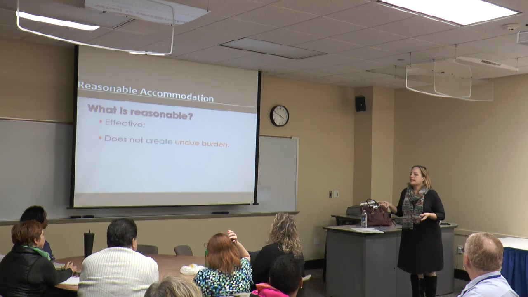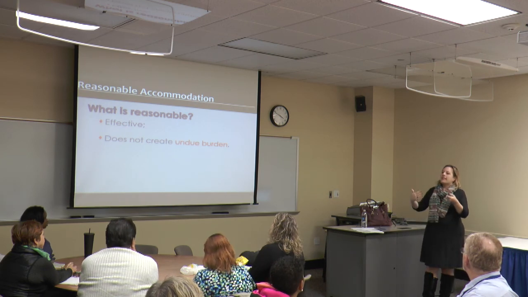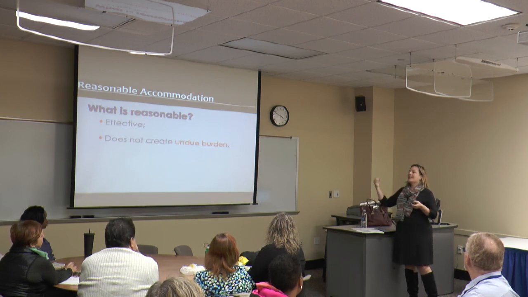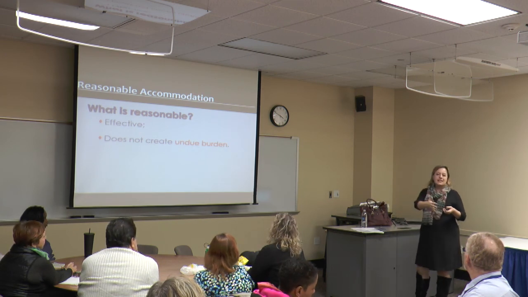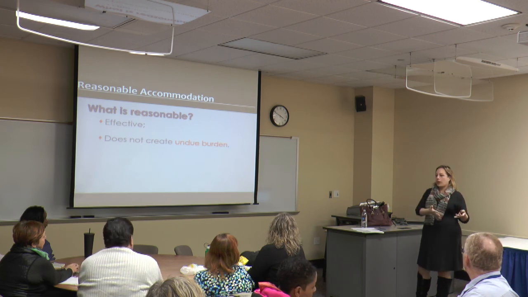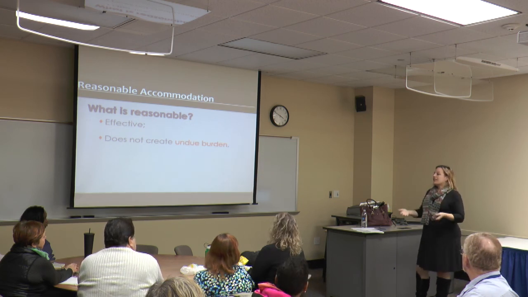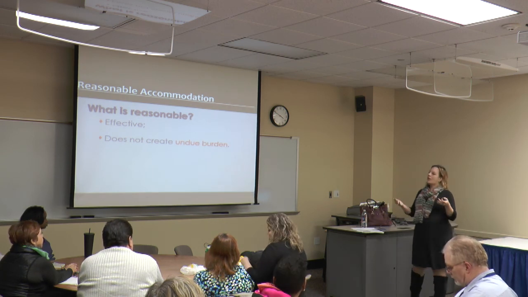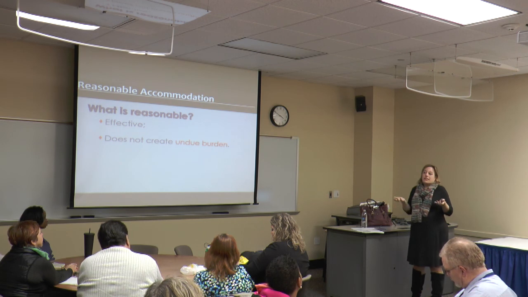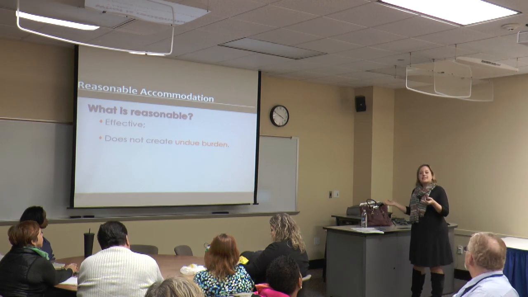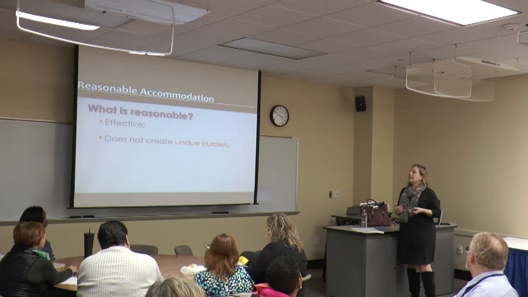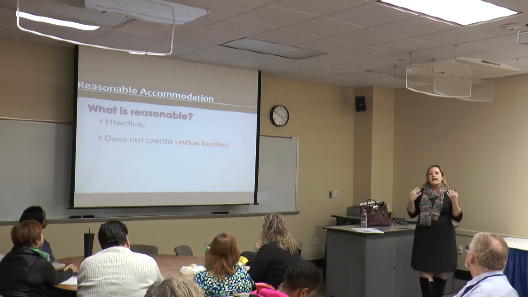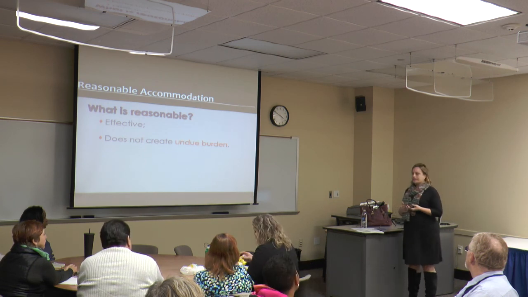What I mean by effective is, if you do it, then it ought to allow the student the ability to participate, get the benefit of all those things at the beginning that we talked about of your program. And if even after giving them that accommodation, they are not able to participate or get the benefit of it, that accommodation would be considered not reasonable. Because the idea is that they would be able to participate fully in our programs, courses, whatever the case may be, if we gave them the accommodation.